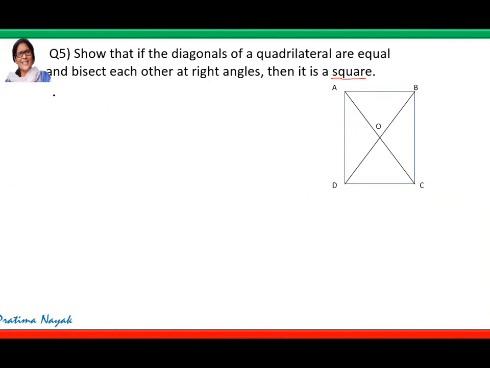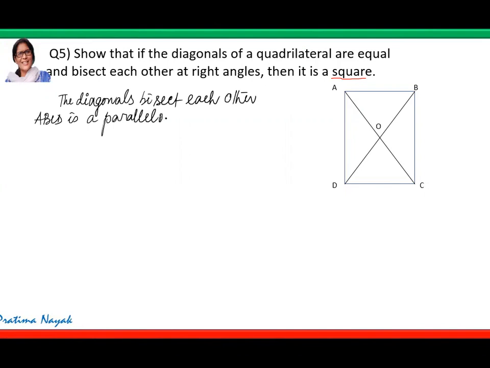First logic that I am applying: when the diagonals bisect each other, that means ABCD is a parallelogram, because if in a quadrilateral the diagonals bisect each other, then it is a parallelogram.